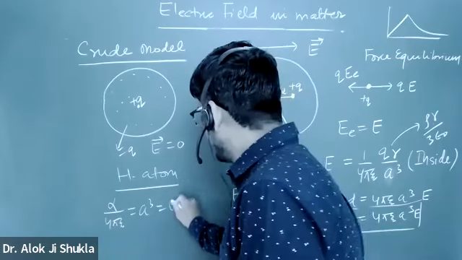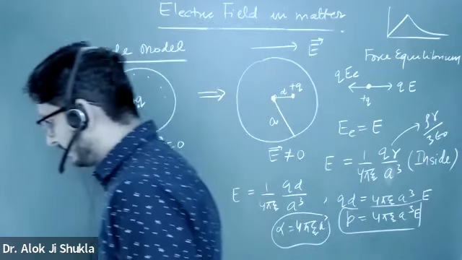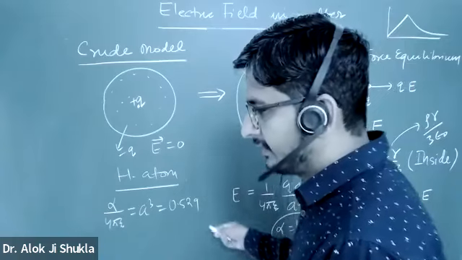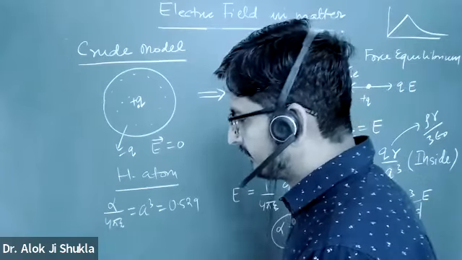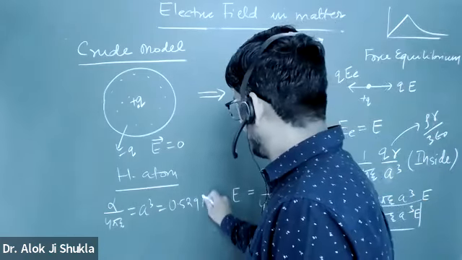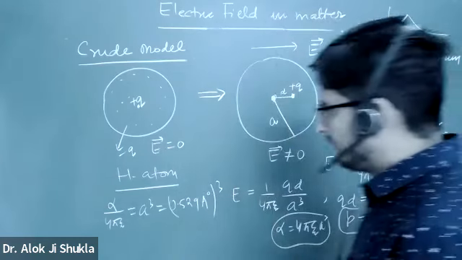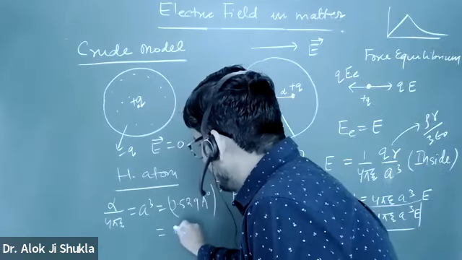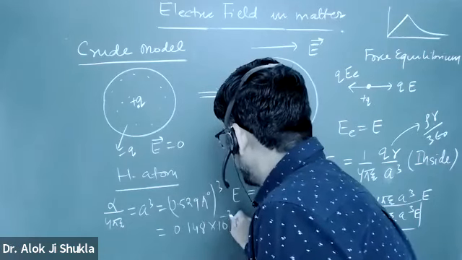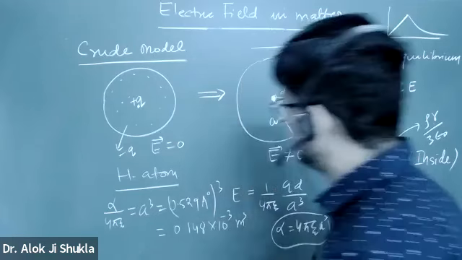You remember? 0.529 angstrom, right? So it will become this angstrom cube. So it will come out to be 0.148 into 10 raised to the power minus 30 meter cube.